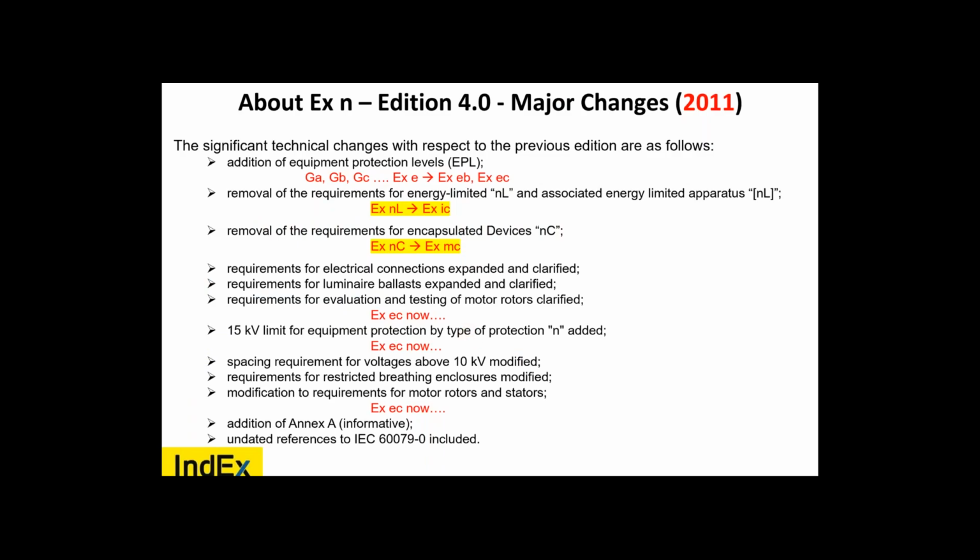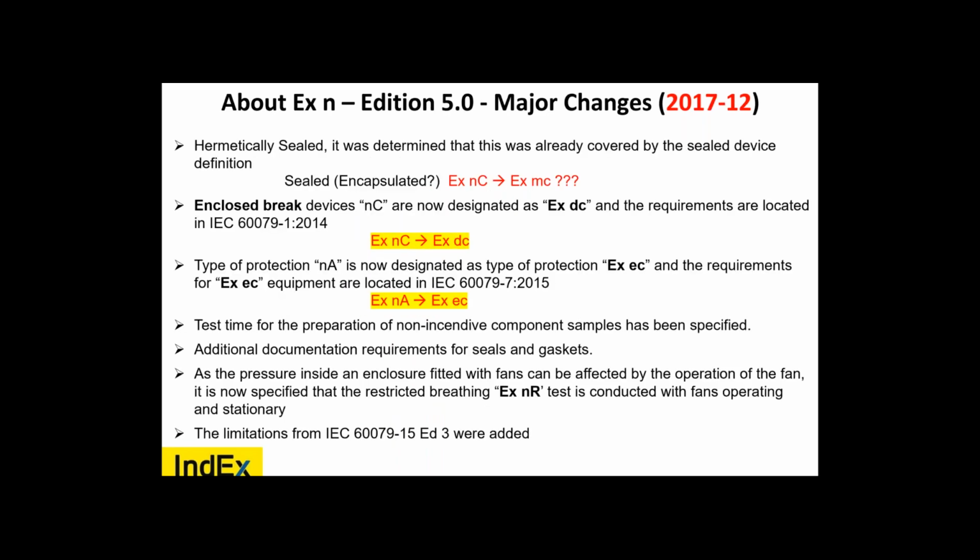Okay, next slide. So just remember, in 2011, we removed NL, which became IC. Encapsulated type NC became MC. And in 2017, NC enclosed break became DC. EXNA became EC.